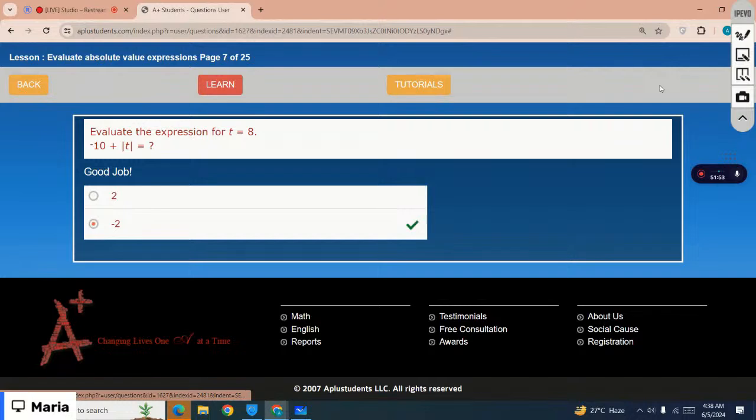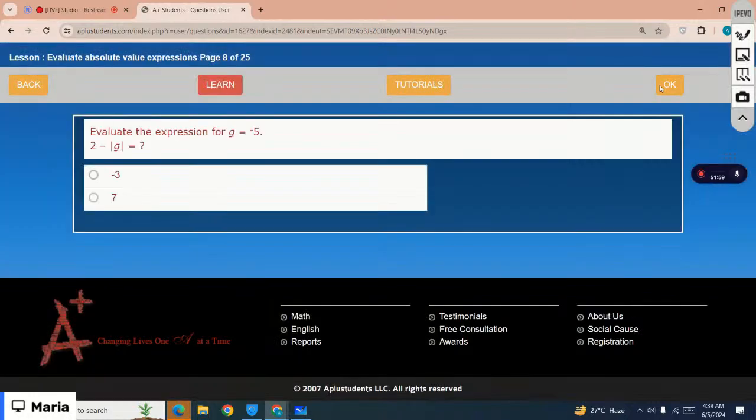Option number 2 is the correct option. Evaluate the expression for d equals -5.